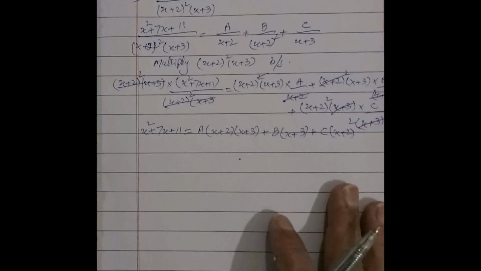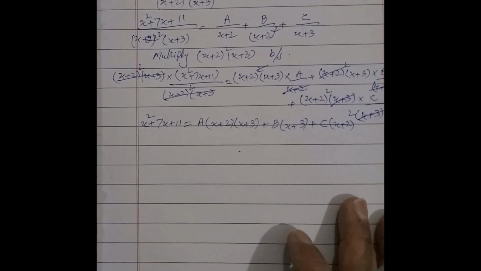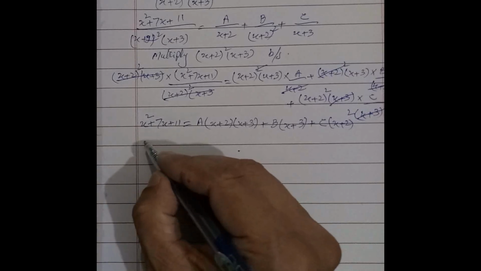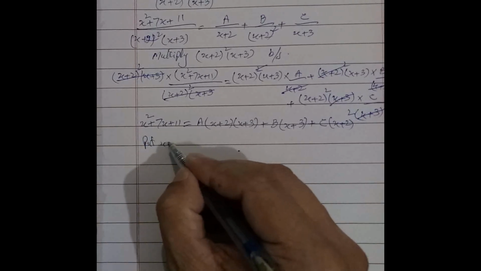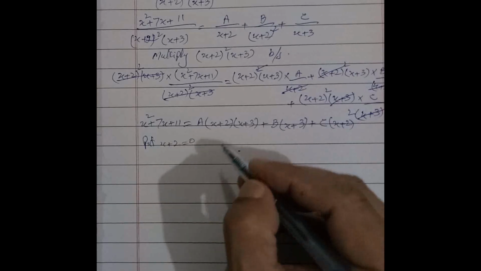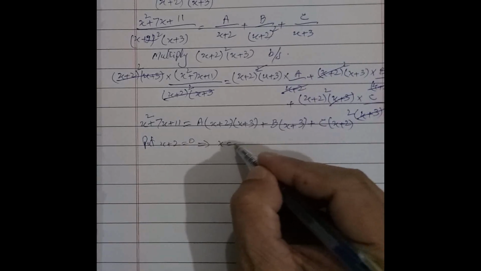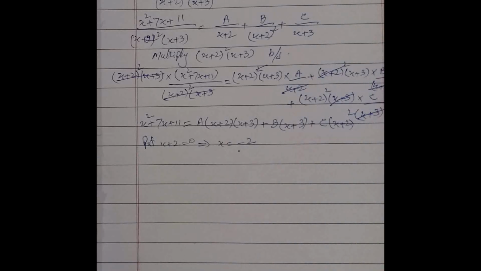And now we put x plus 2 is equal to 0, which is x is equal to minus 2, in the equation.